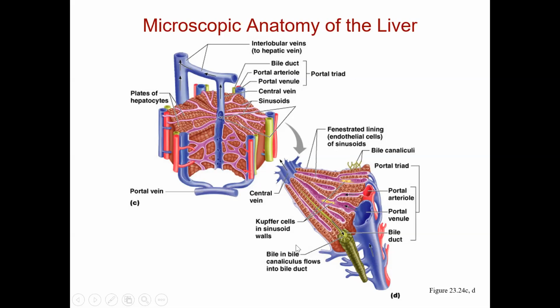This word, you learned in 430, the very small tubular connections between the bone cells are called canaliculus as well, right? So all these canaliculi collect bile and then eventually merge into the bile duct right here.